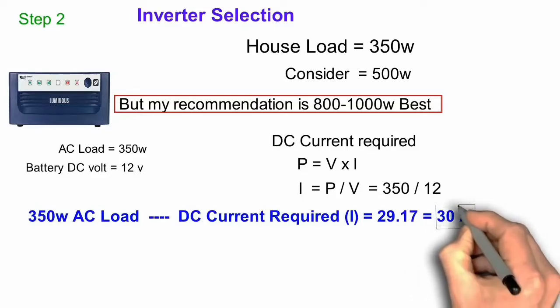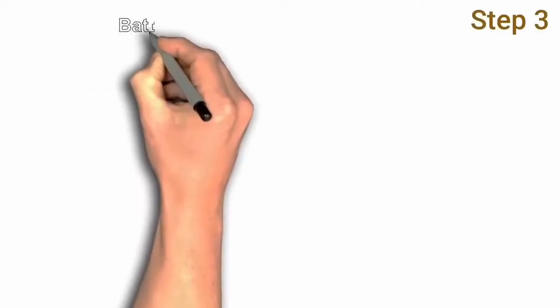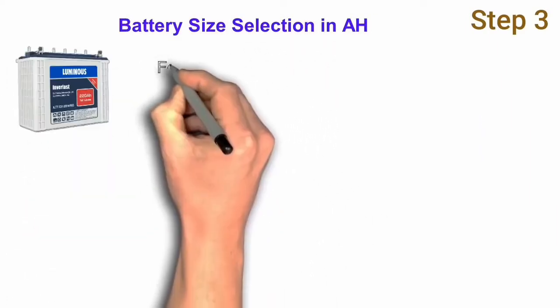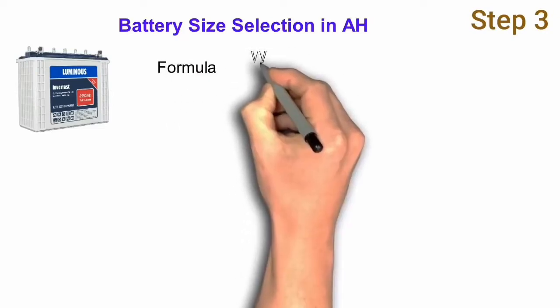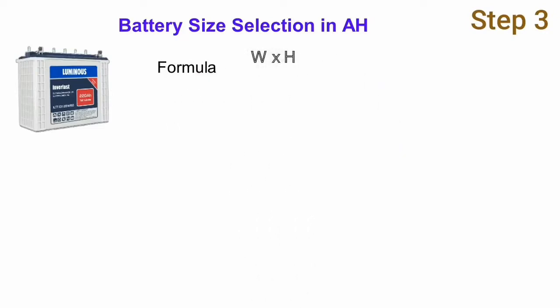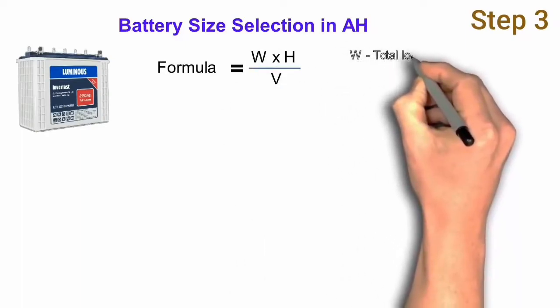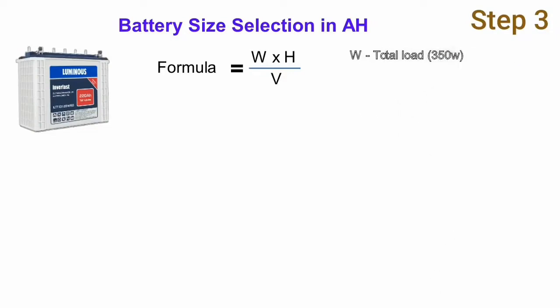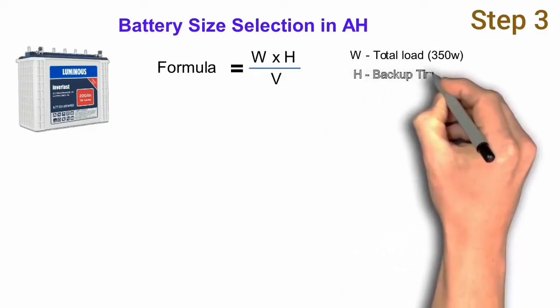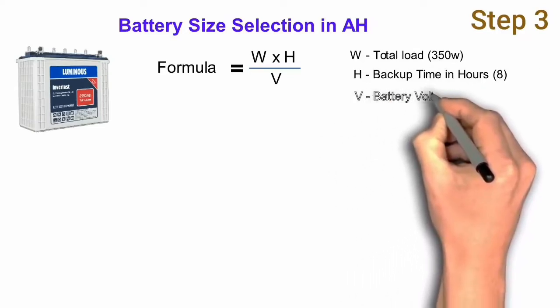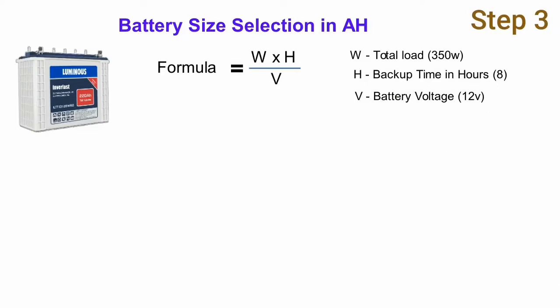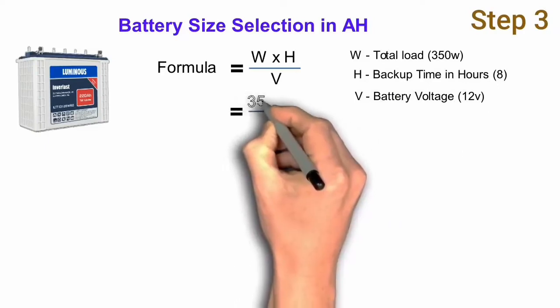Now we look at the battery selection. The formula for the battery selection is equal to W times H divided by V, where W is the total load, and H is the backup time, the number of hours the system will remain on, which is about 8 hours.